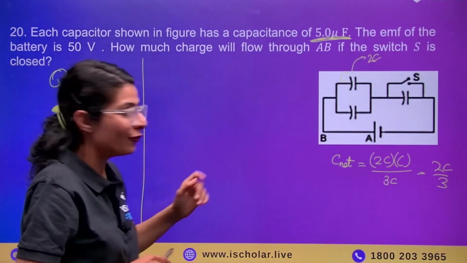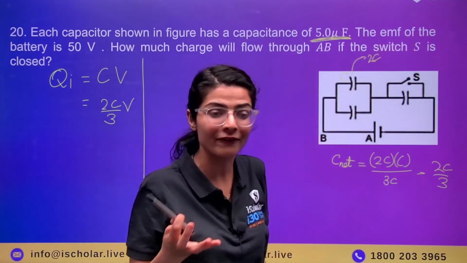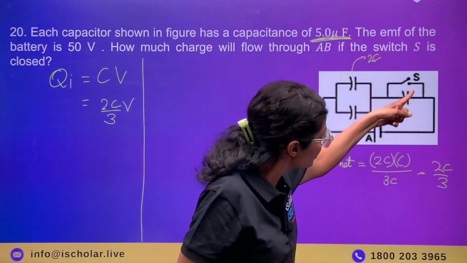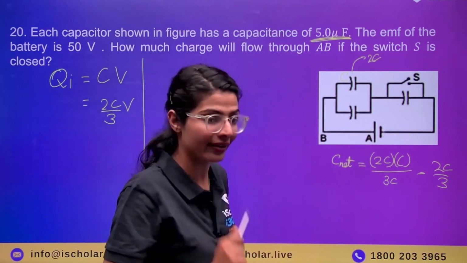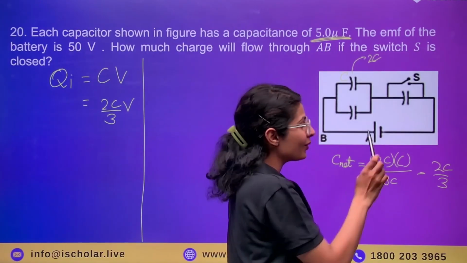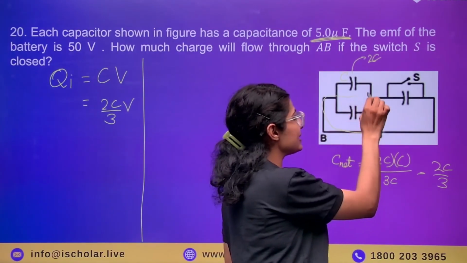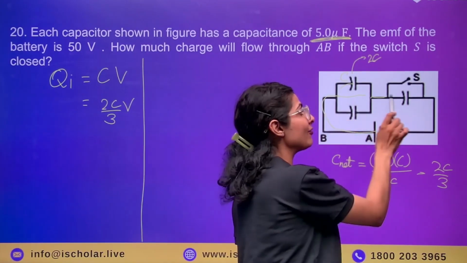Now when you close this switch, what will happen? As the switch is closed, the current path will pass through the wire itself instead of passing through the capacitor.